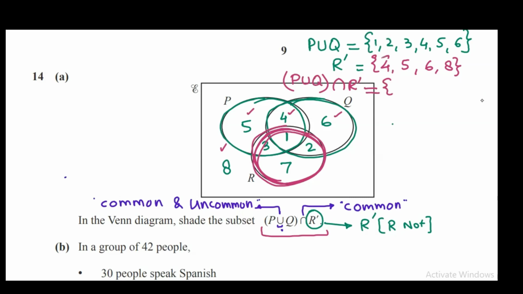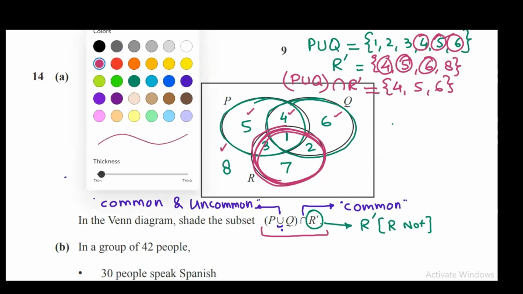The common elements are 4, 5, and 6. So I'm going to write 4, 5, and 6. These are the elements of P union Q intersection R complement. So you have to shade this region. This is the region of 4, 5, and 6.